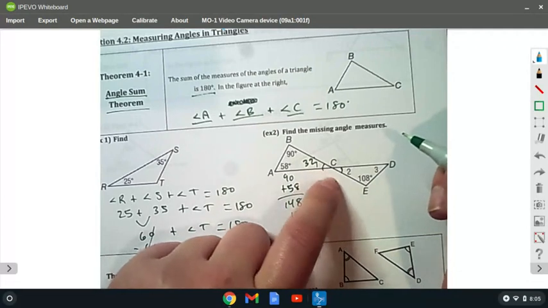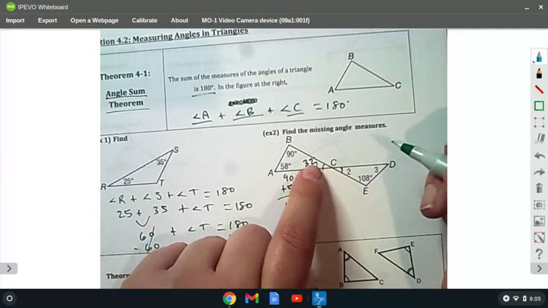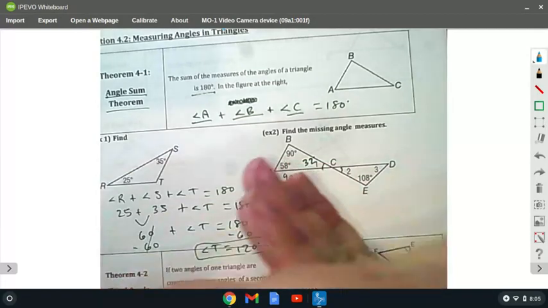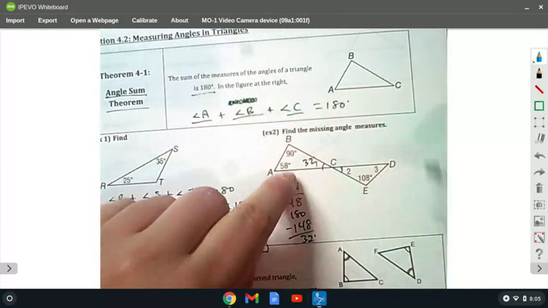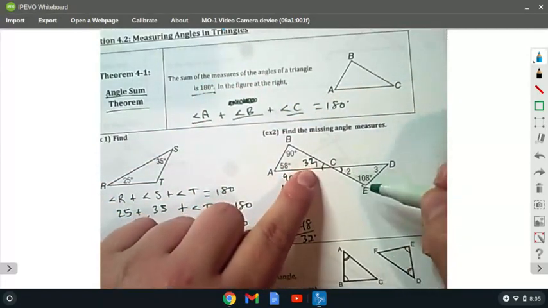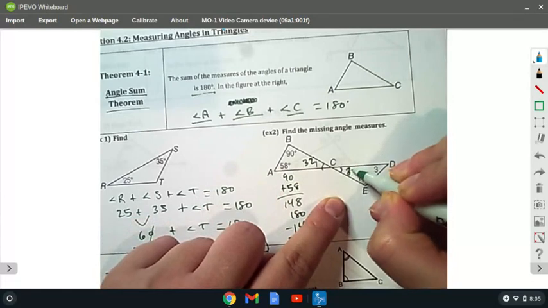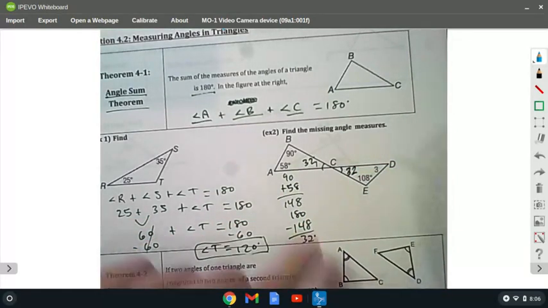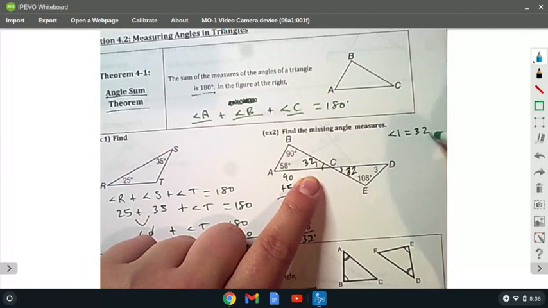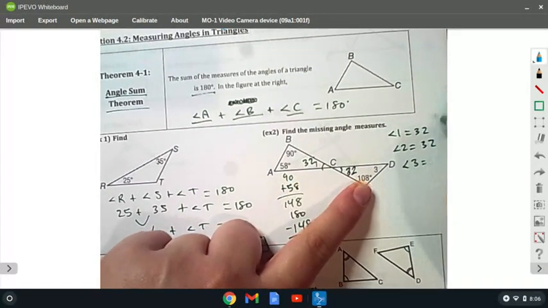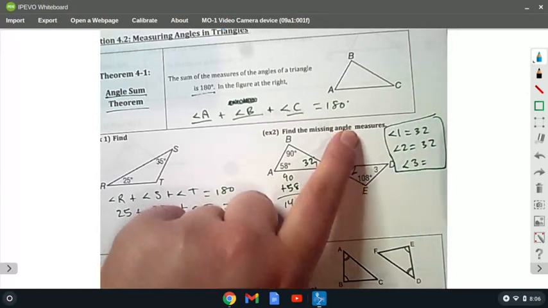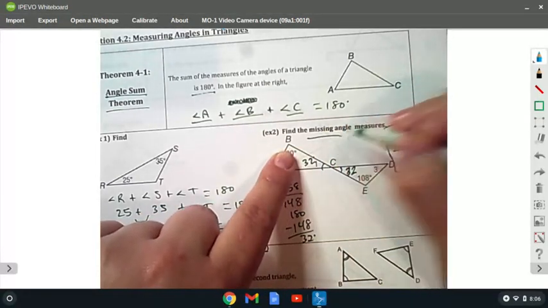These two angles should be equal, guys. This is throwing it back to the first unit. These are vertical angles. They're opposite each other. They make that X, okay? Those are vertical angles. They're congruent. So if that's 32, then this is also 32. So we found that angle 1 is 32, angle 2 is 32, and now we still need to find angle 3 because this problem asks us to find the missing angle measures.